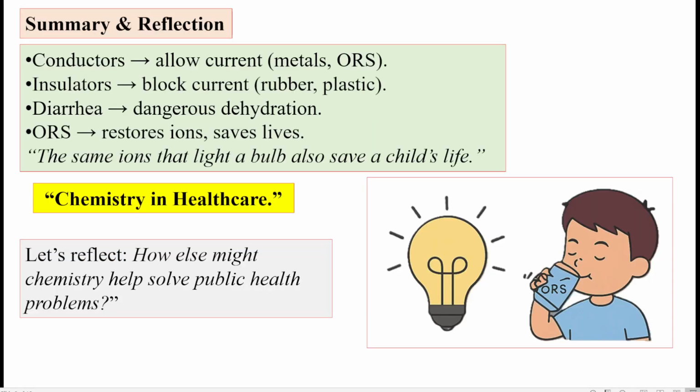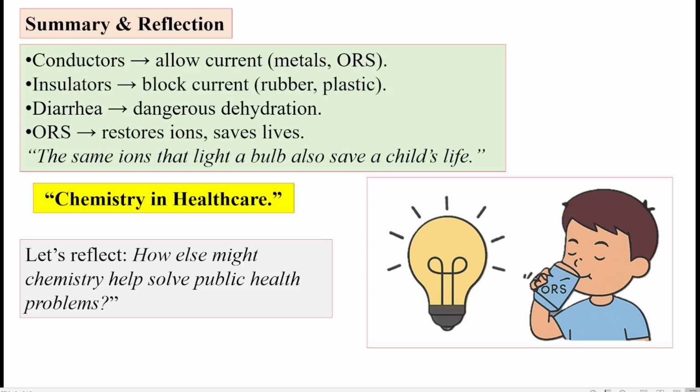So in summary, we can conclude that conductors are the materials which allow the current to flow, for example metal and ORS. Insulators are the substances which block the current, for example rubber and plastic. And we also learned that diarrhea causes dangerous dehydration, which can be cured by taking ORS, which restores the ions in our body.